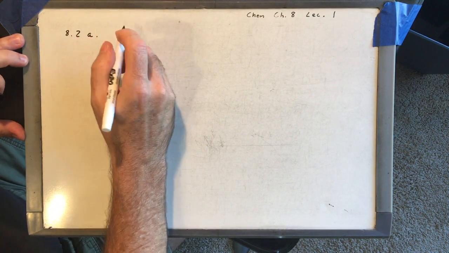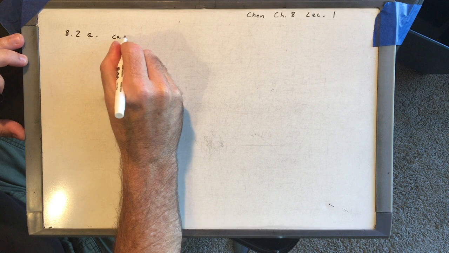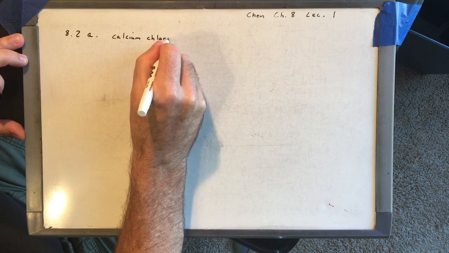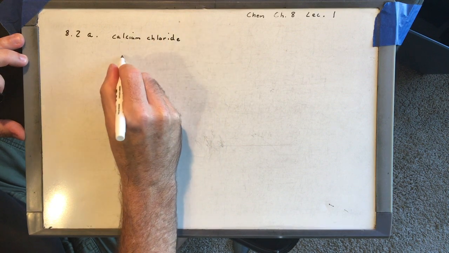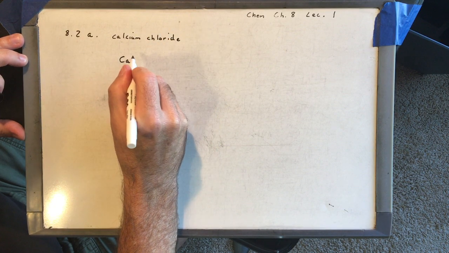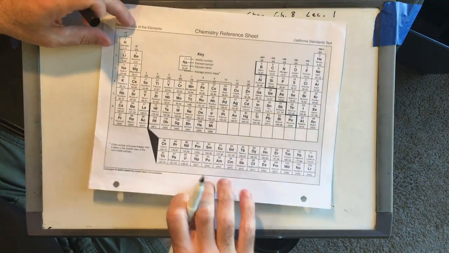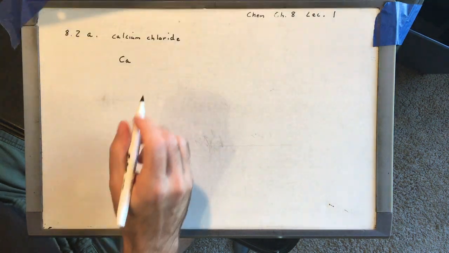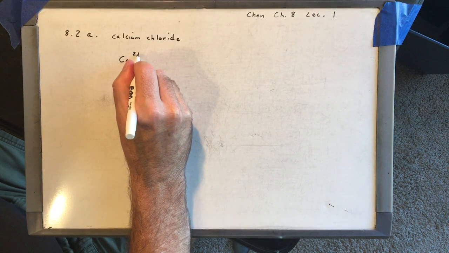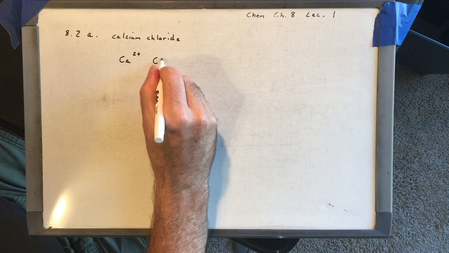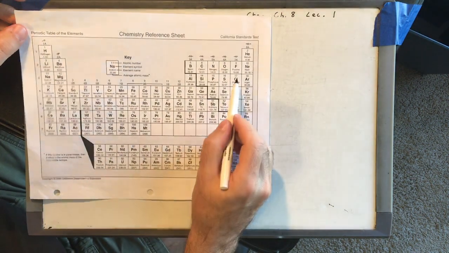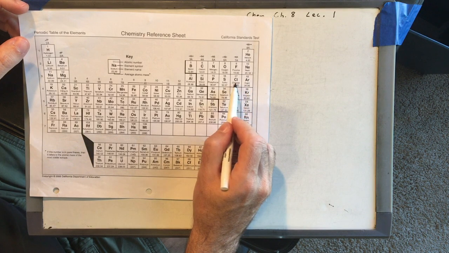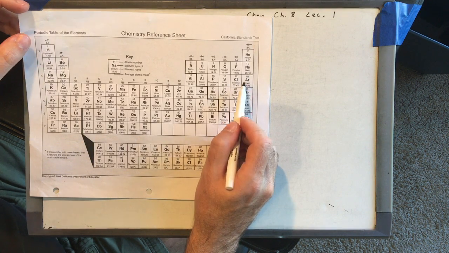For 8.2a, we have calcium chloride. Calcium is in column 2, wants to lose 2 electrons, which would give it a 2+ charge. Chlorine in column 7 wants to gain 1 electron so it will have 8 in its outer shell, which would give it a minus charge.